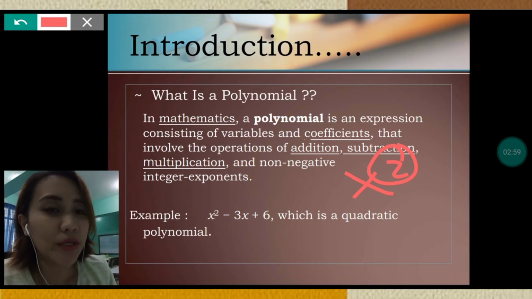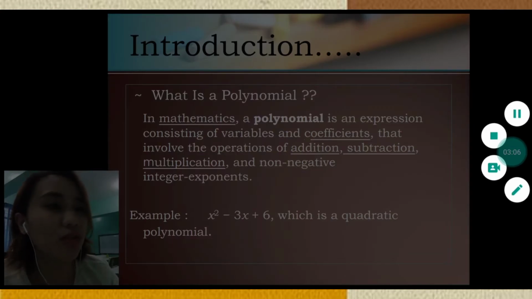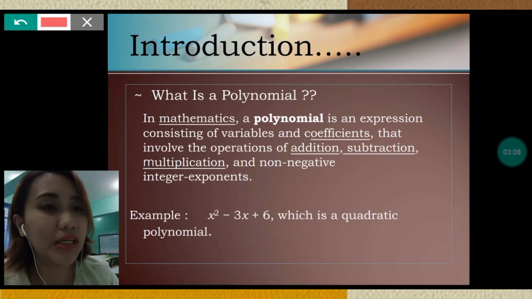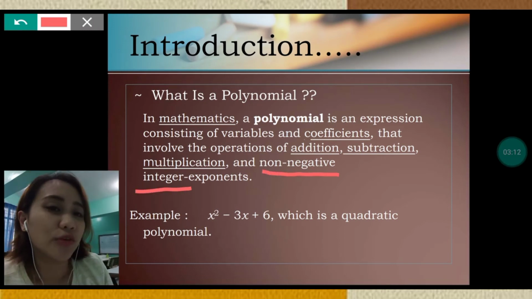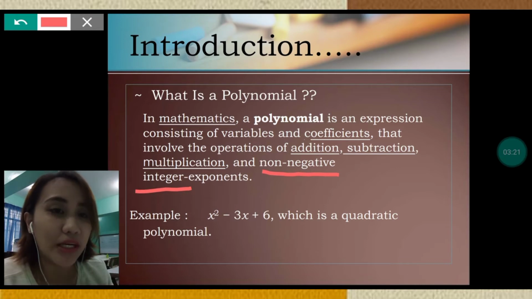So anyway, when talking about polynomials, the exponents should always be non-negative integers. So when we say integers, these are the whole numbers 0, 1 to positive infinity, negative 1 to negative infinity.